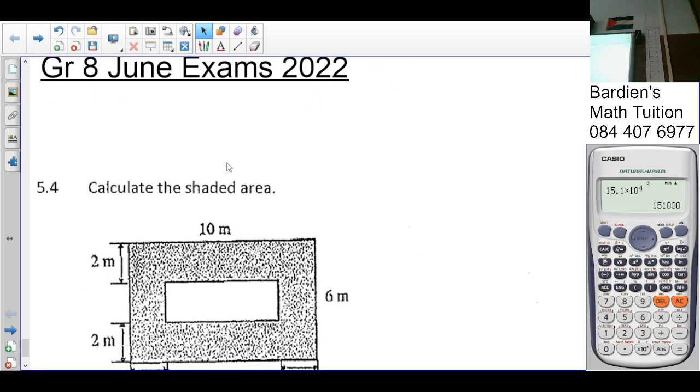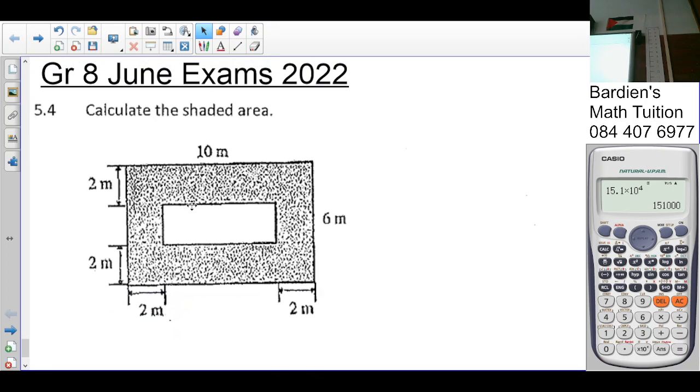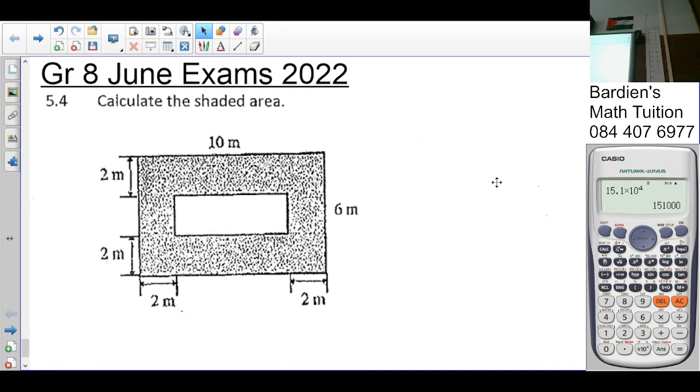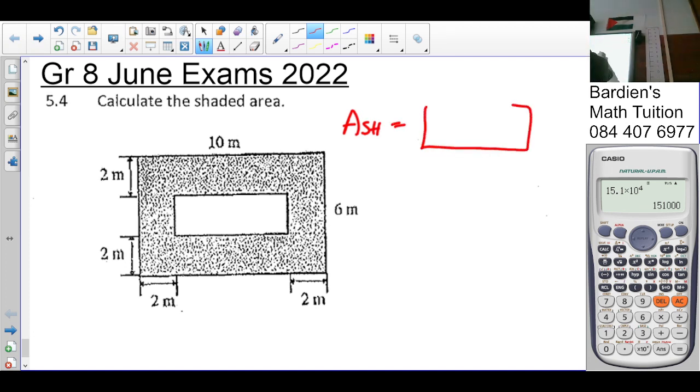Next question. Calculate the shaded area. So the shaded area here is the big shape, which is a 10 by 6 rectangle, minus the smaller rectangle.